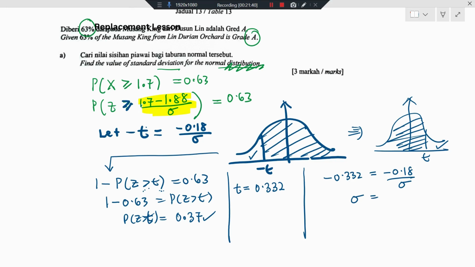So sigma is equal to negative 0.18 over negative 0.332, which will result in 0.5422. This is a non-exact answer, so give it in 4 significant figures.